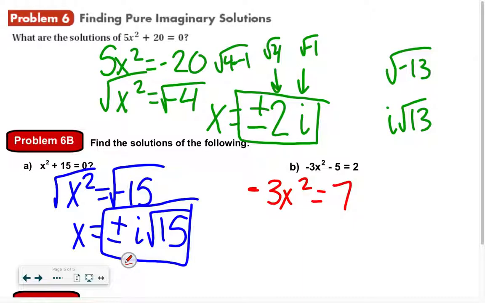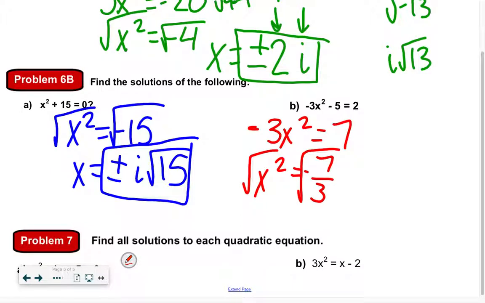Negative 3. x squared equals negative 7 over 3. Then what? Square root it. So x equals plus or minus i square root of 7 over 3.